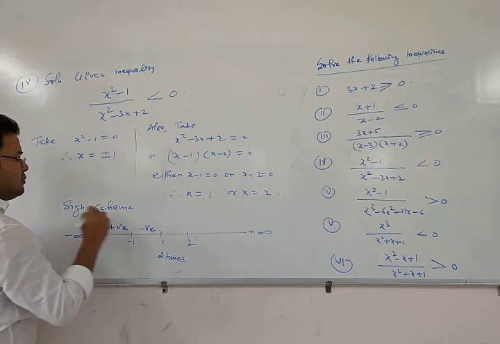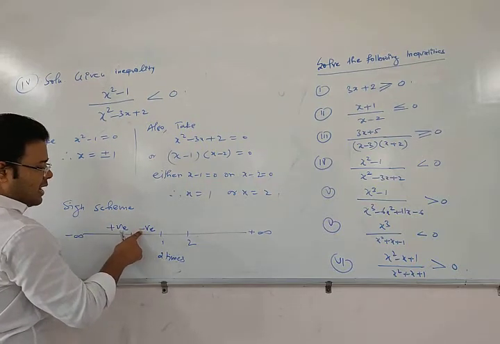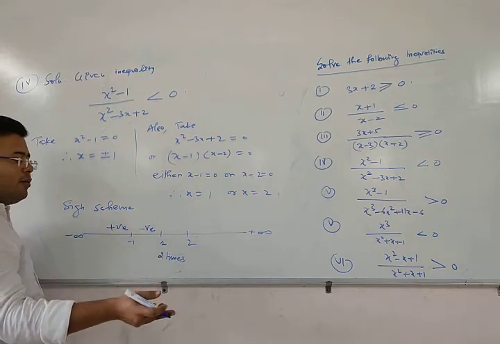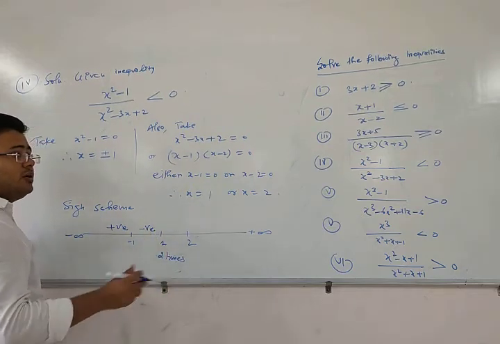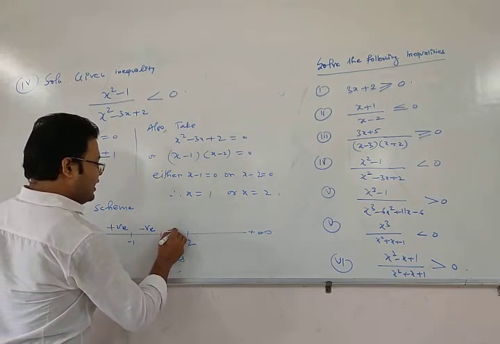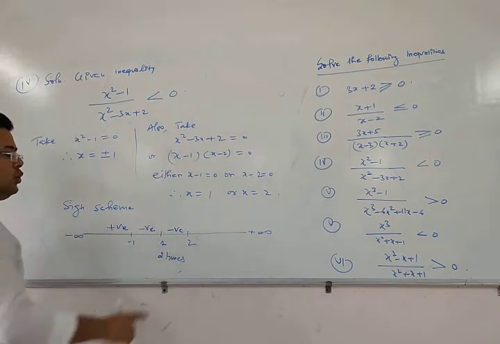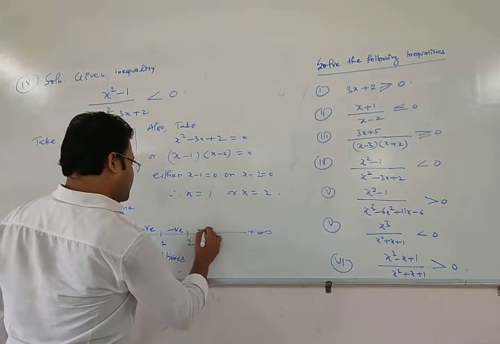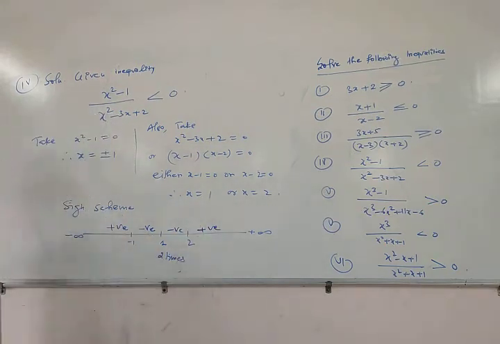So this is positive sign, this is negative sign, and 1 occurs even number of times. So we have to put same sign on either side of that, right? So we have to write negative sign. And 2, there is no repetition of the root 2, so we have to put positive sign. And this is the complete sign scheme.